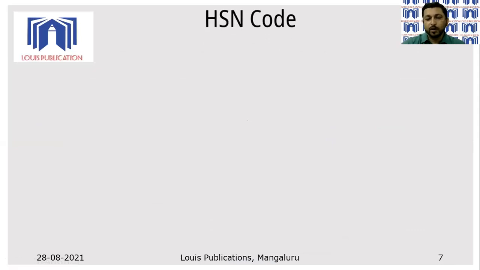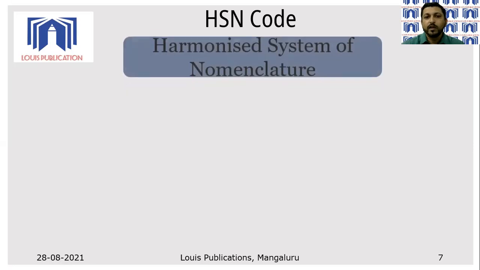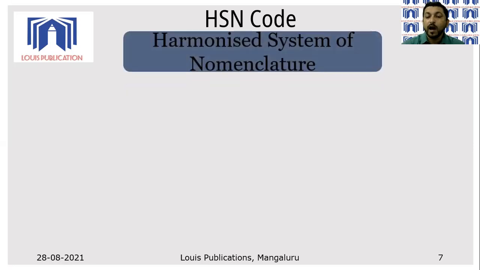Let's move to the second topic. Very, very important in the area of GST. HSN code. What does HSN stand for? HSN is nothing but harmonized system of nomenclature. Nomenclature is nothing but name. Harmonized system, not just in India, across the world, across more than 200 countries of the world.